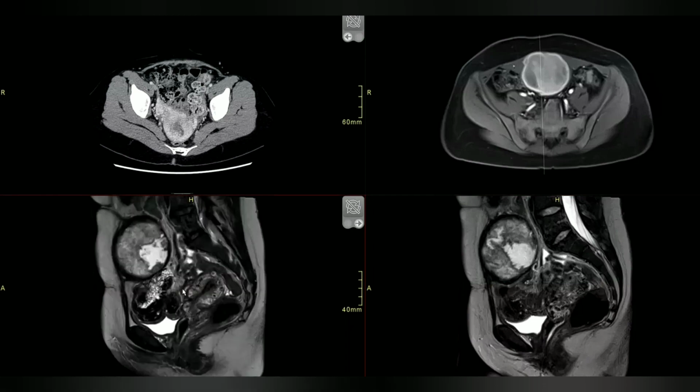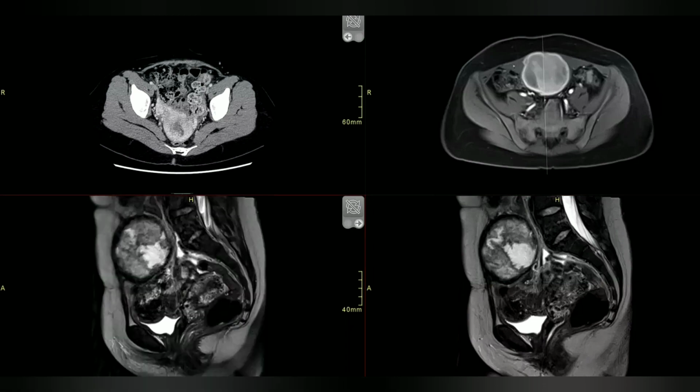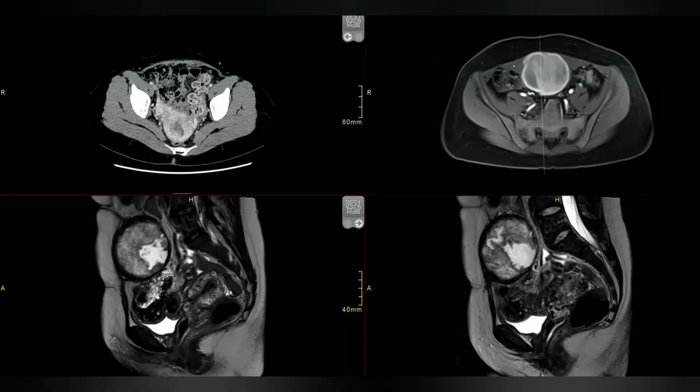Ma'am, you are talking about the types? Types, yeah. So obviously this is not molar because she is not pregnant anymore. So what are the other? Ma'am, there can be partial mole, and this can be complete mole, and then the baby was fine. So partial and complete mole are out of the list.